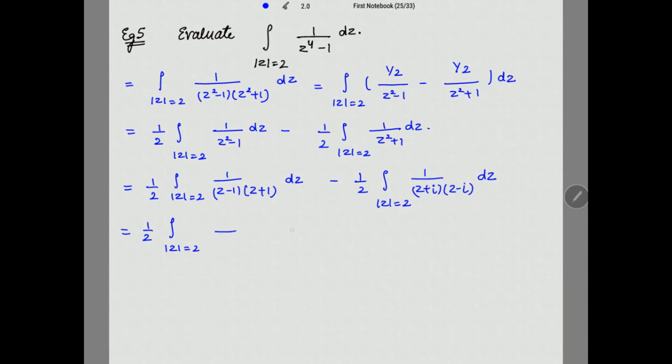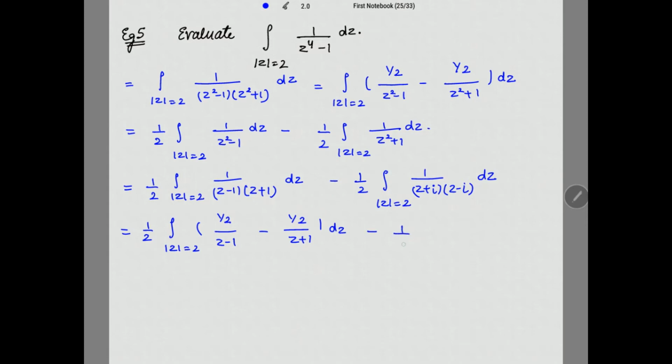So this is z minus 1, this is z plus 1. Putting z minus 1 equal to 0, you get z equal to 1. Hiding this z minus 1, put 1 here. This will be 1 by 2 again, and this will be minus 1 by 2. Similarly, you can do this.